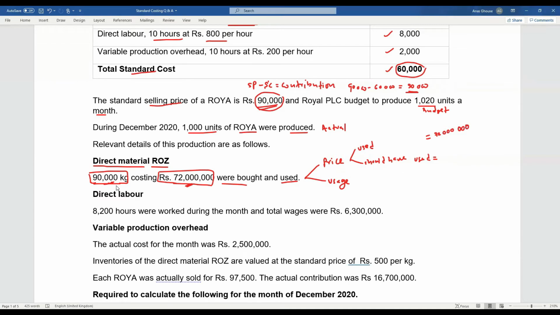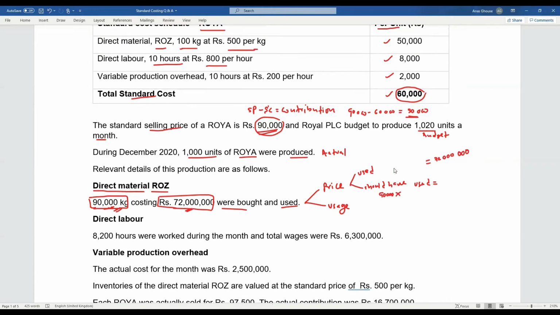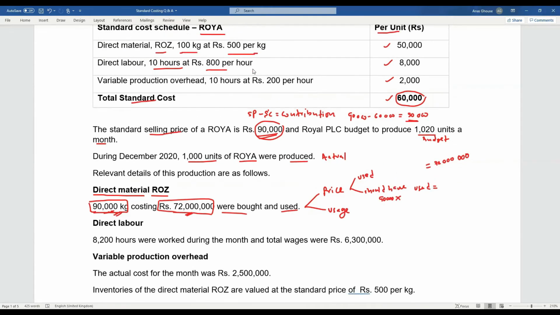So in order to purchase these 90,000 kg, how much should they have paid? They bought 90,000 kg, but our plan was to pay 500 per kg. So we should have paid at the rate of 500. So 90,000 kg times 500 per kg will be 45 million.